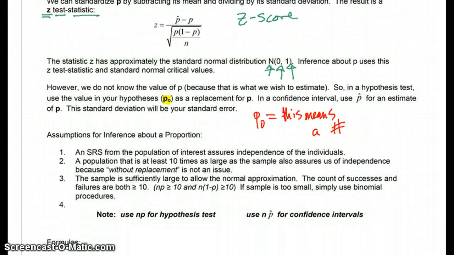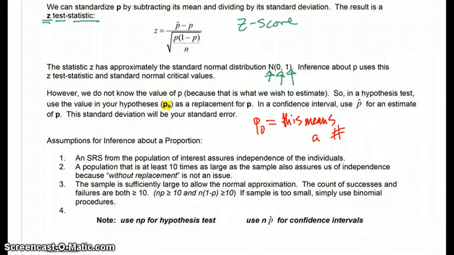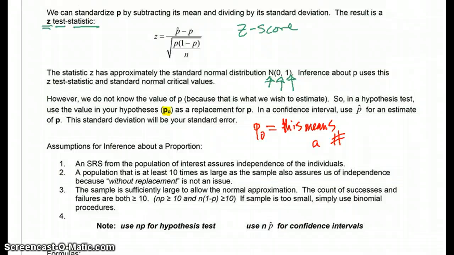Again, our assumptions are listed here. Please realize, since we know p, we will use n times p and n times 1 minus p to talk about whether our sample is large enough for our sampling distribution to be approximately normal.